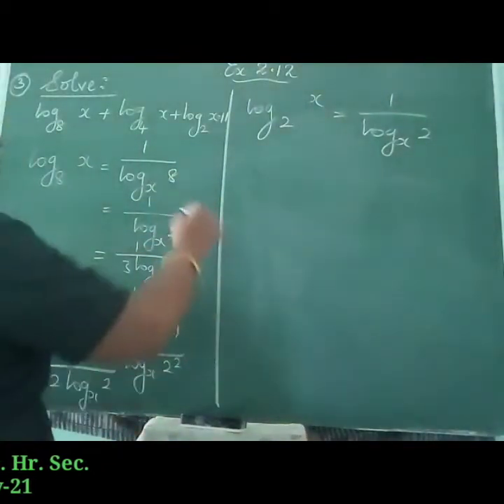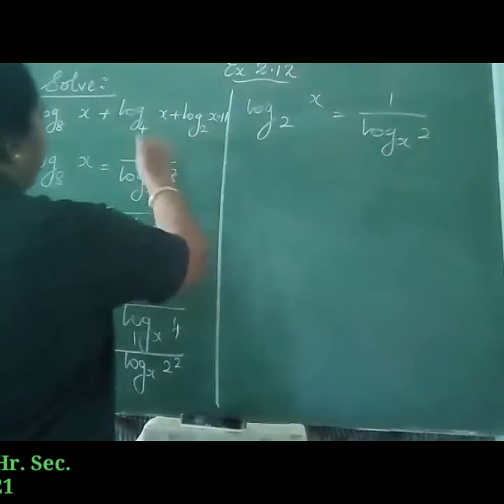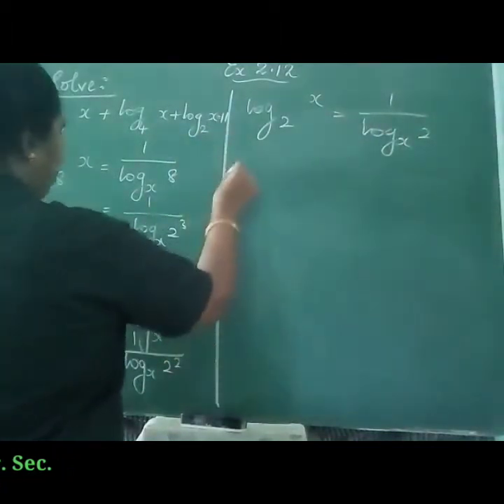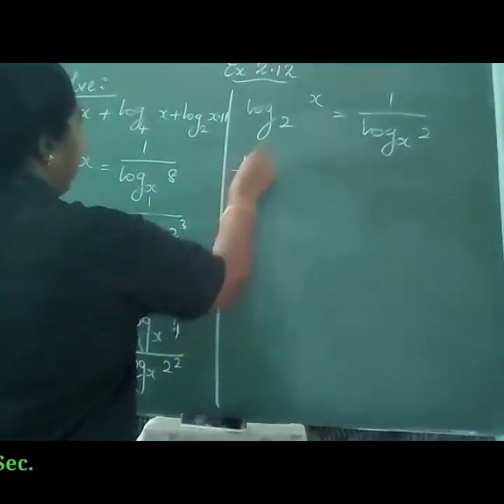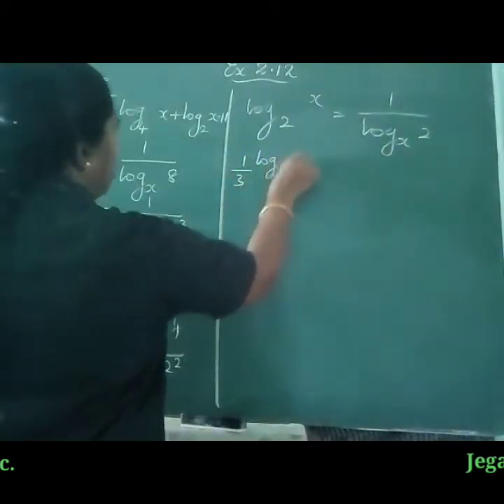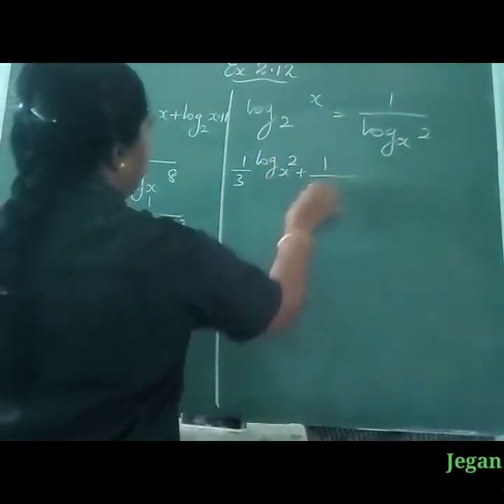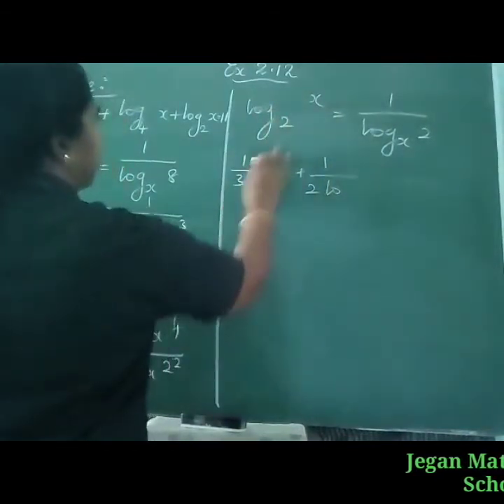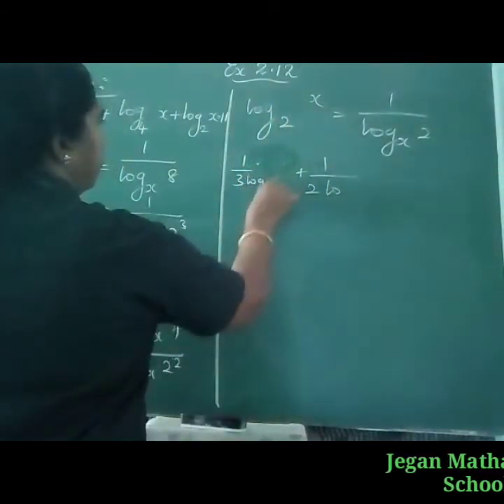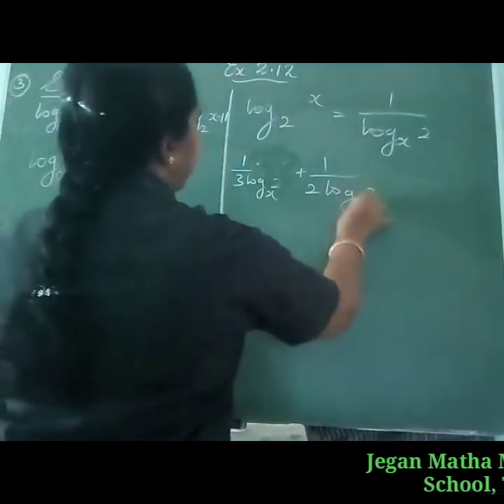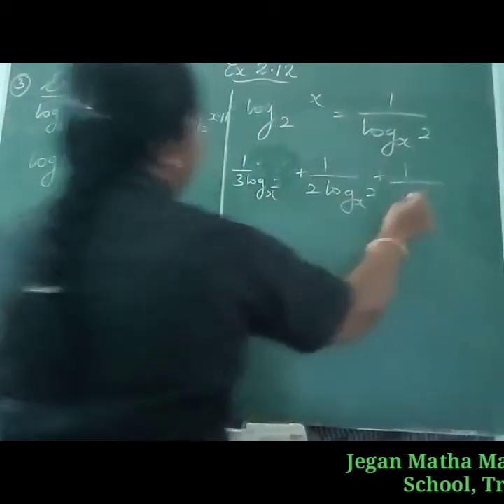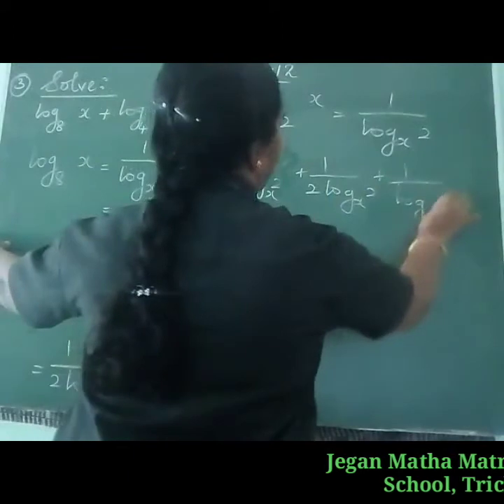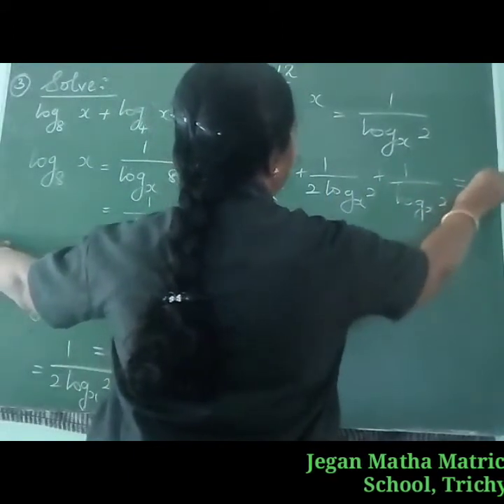Now we can combine them together. We substitute these values. So we get 1 by 3 log 2 base x plus 1 by 2 log 2 base x plus 1 by log 2 base x is equal to 11.